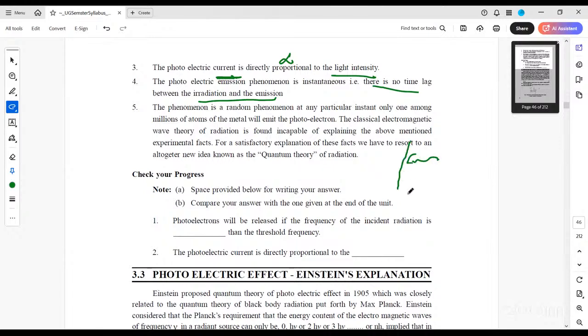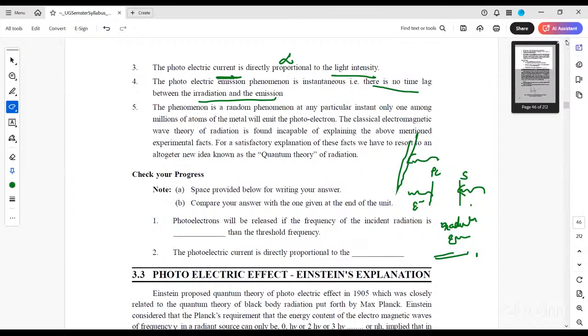Whatever light is falling on the photocathode is called radiation. Whatever is coming out is called emission. So there is no wastage of time between radiation and emission. This is one point.